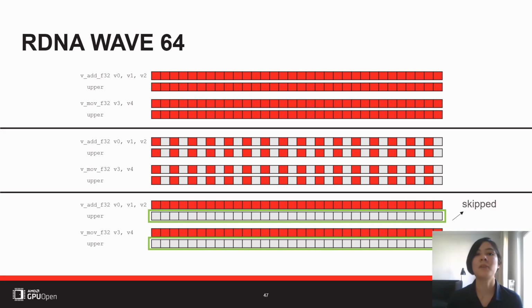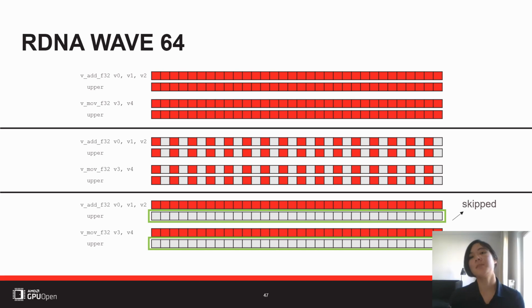So in our example, the complete upper part is inactive, which means we can skip it and basically transform our wavefront 64 mode doing this shader execution temporarily to a wavefront 32 mode by just skipping the issue of the upper part. So we have the lower part, all 32 threads are active, we issue them, then we have the upper part, all 32 threads are inactive, we can just skip it and proceed immediately to the next instruction.